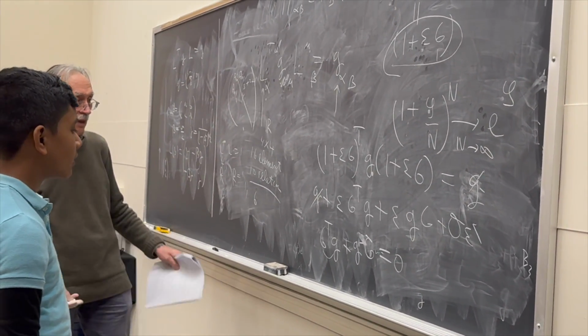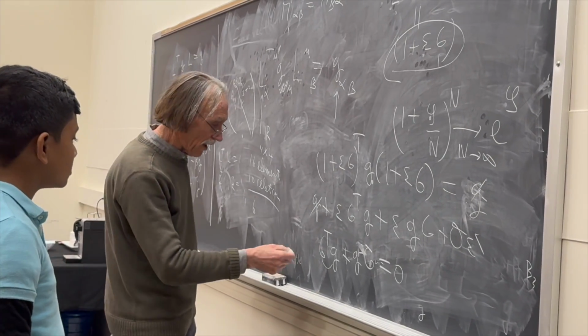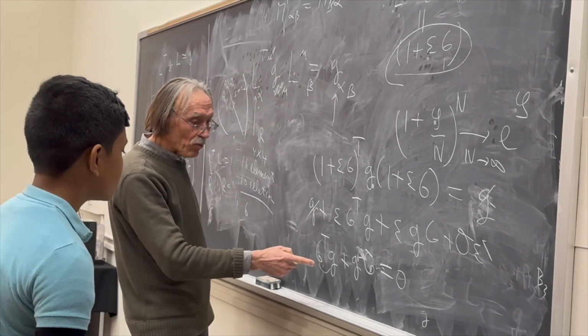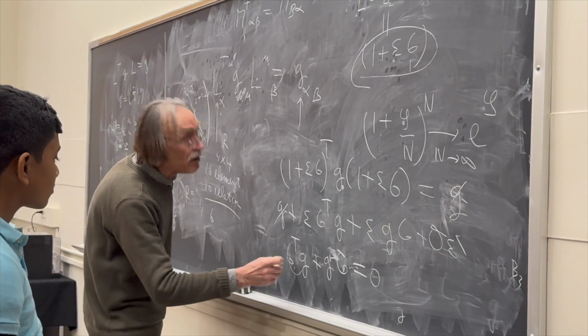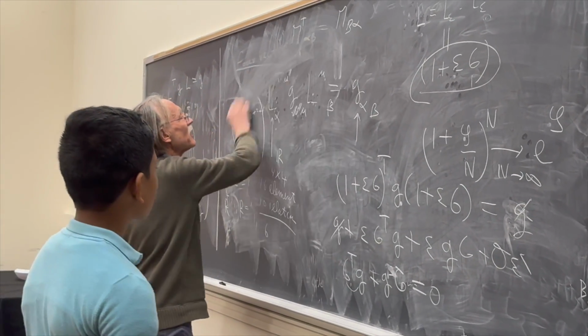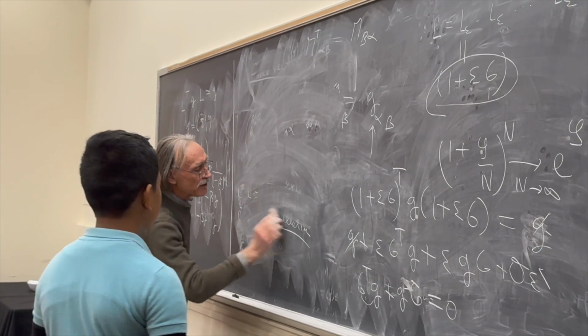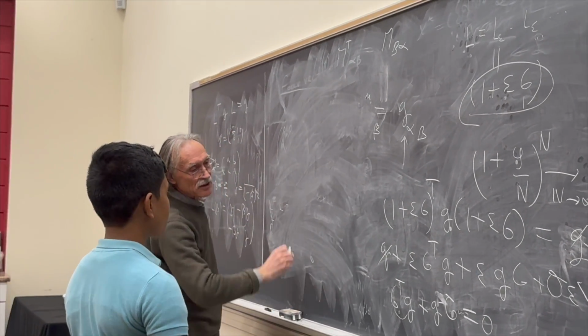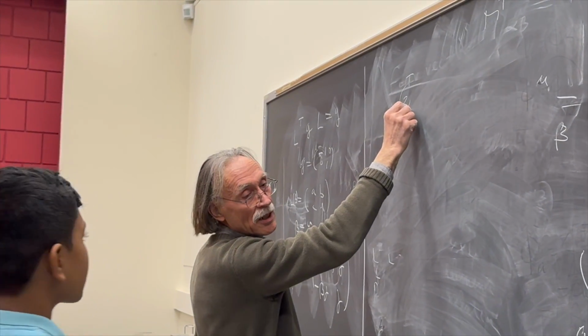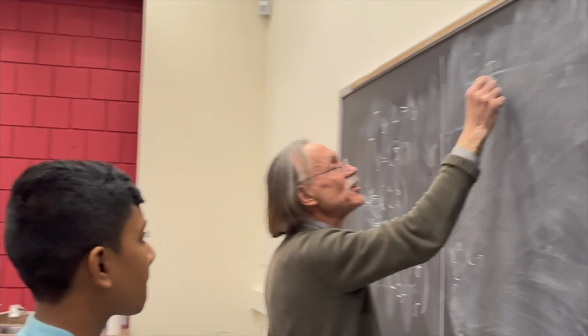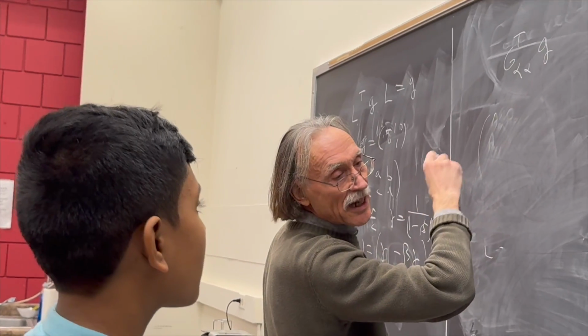Okay. And now we can put in some elements. What does that mean for the diagonal elements of G? If you look at the diagonal elements, there's no summation convention here. G is diagonal.